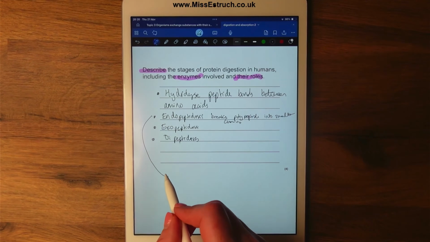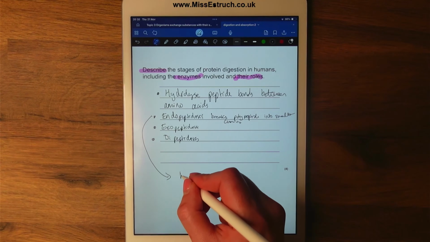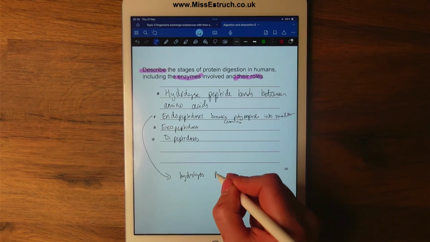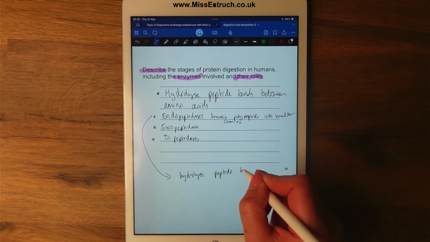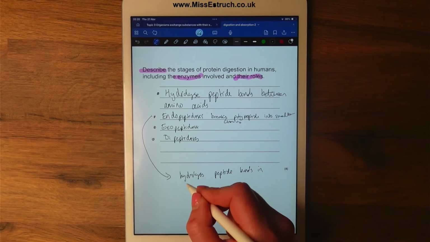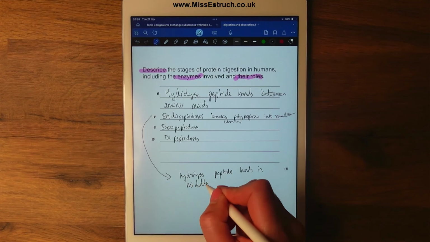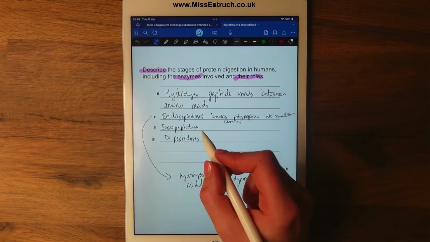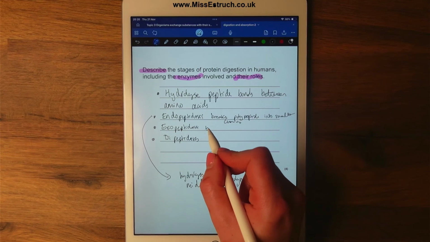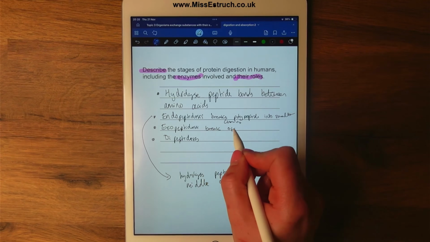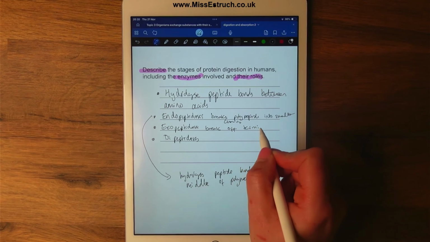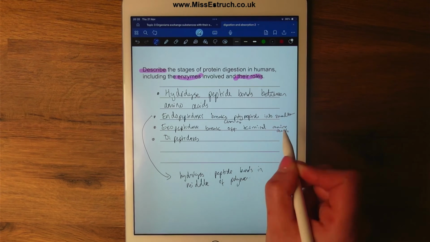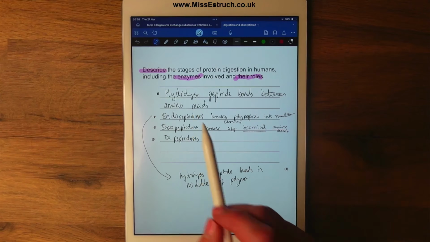I'm actually going to add a bit more here to what we said. So hydrolyzes peptide bonds in middle of polymer. This one here is going to break off terminal, which means at the end, amino acids, or you could say hydrolyzes the peptide bonds, we kind of covered that up there.